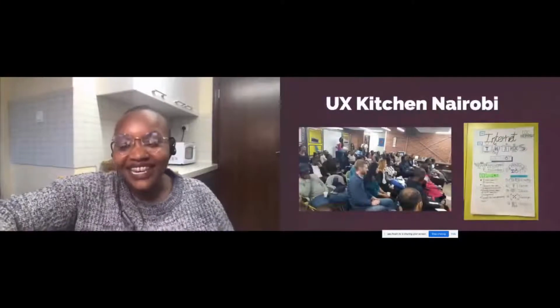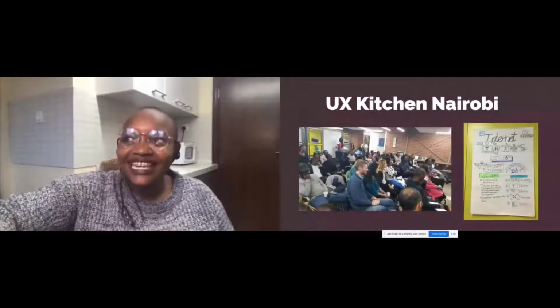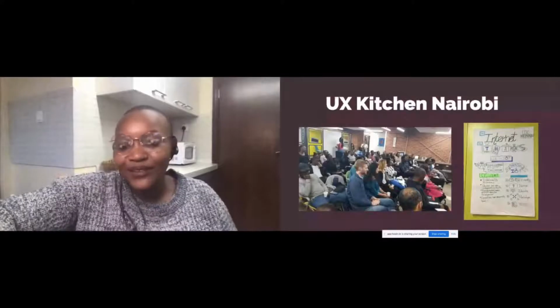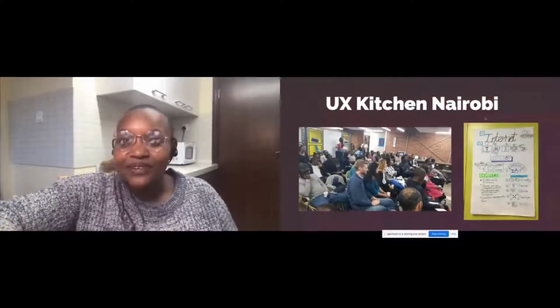Okay, so let me tell you a bit about UX Kitchen Nairobi. It was started, interestingly, a year and 4 months ago, and it was initially meant to be an intimate community. I didn't even think UX was that big that people cared enough. So I thought, at max 20 people. Well, we are 1,100 and something now and going strong, so I'm really grateful. This is a photo of us at the iHub in Nairobi.